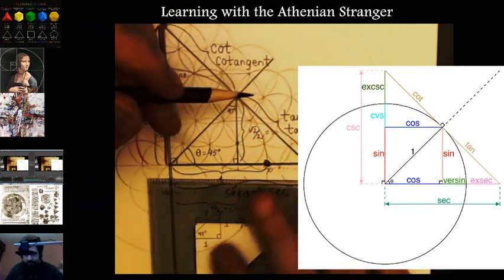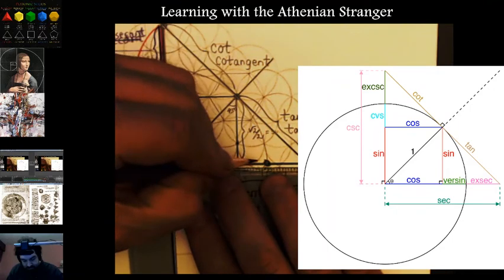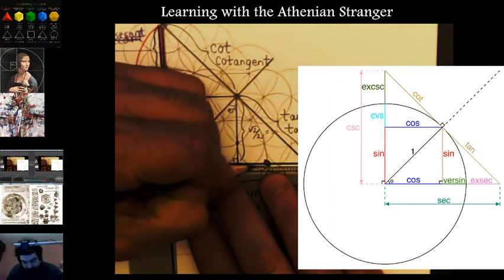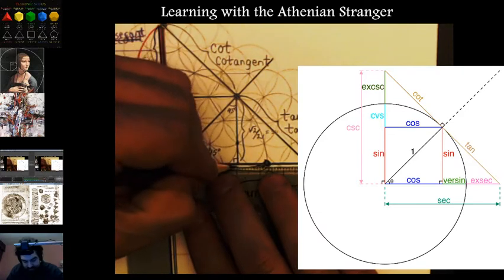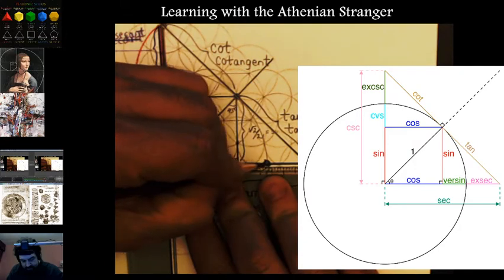So I'll label the versine with the brown pencil. That's this distance here from the end of the cosine to the point at which the unit circle crosses the x-axis.